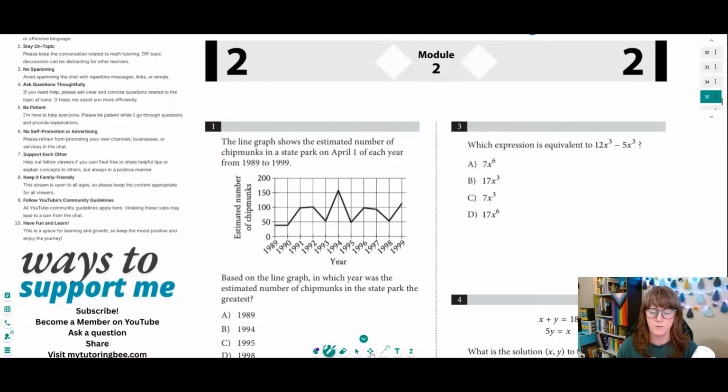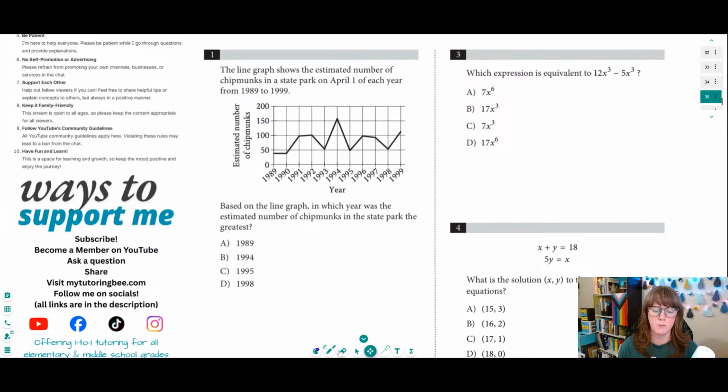Let's start with this first problem. Scoot this up a little bit. The line graph shows the estimated number of chipmunks in a state park on April 1 of each year from 1989 to 1999. Based on the line graph, in which year was the estimated number of chipmunks in the state park the greatest? So we're looking at this line graph. We've got the years down here on the x-axis.